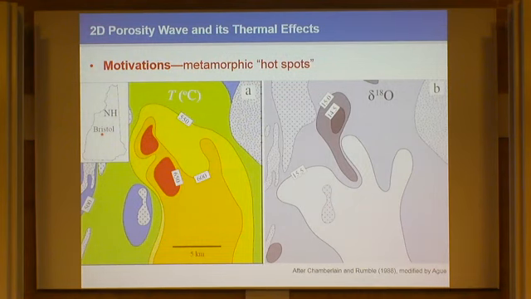So the second topic I want to consider is the thermal effect in two dimensions caused by decompacting porosity waves. The motivation is from field observations initially, in which former researchers discovered a very sharp field metamorphic temperature gradient, over 2 or 3 kilometers.